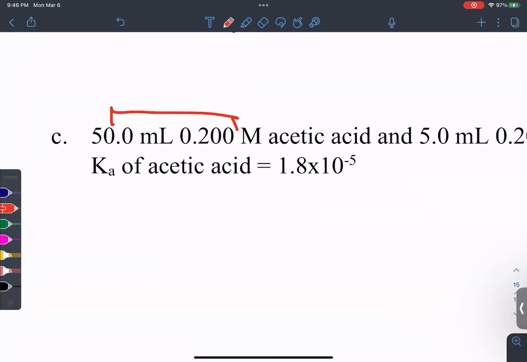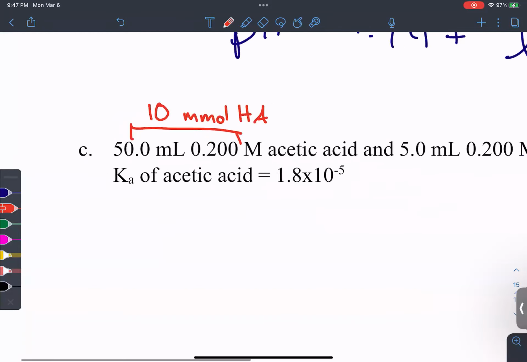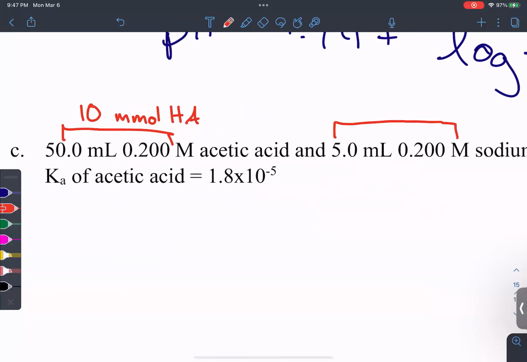So if you multiply 50 times 0.2, this is 10 millimoles of HA, your acetic acid. And if you multiply 5 milliliters and 0.2 molarity, that is 1 millimole of hydroxide. So these are the two things that we are combining in our BCA table, okay?